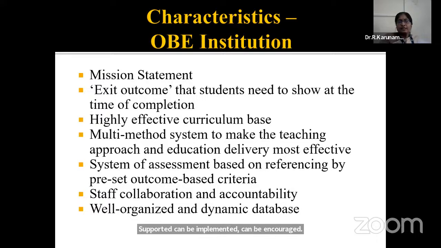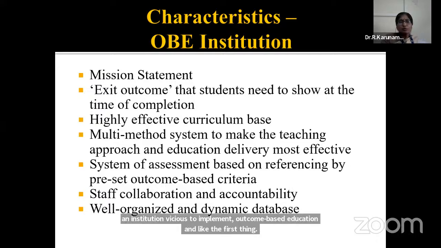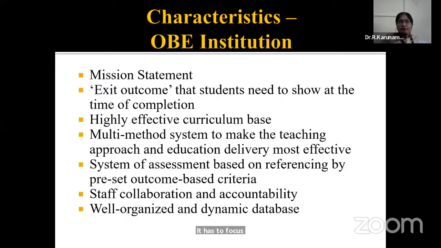If an institution wishes to implement outcome-based education, the first thing it has to focus on is framing a mission statement.